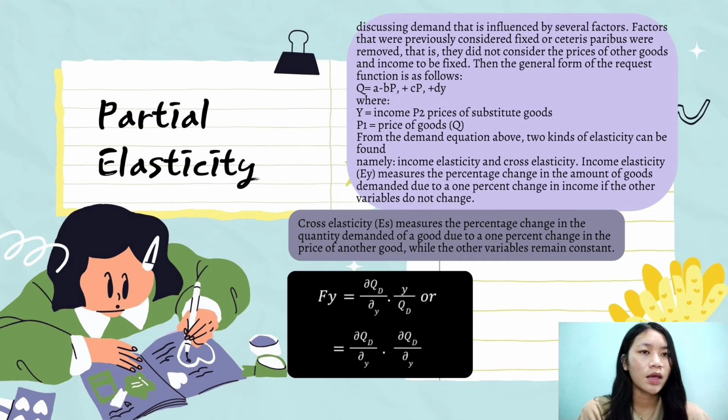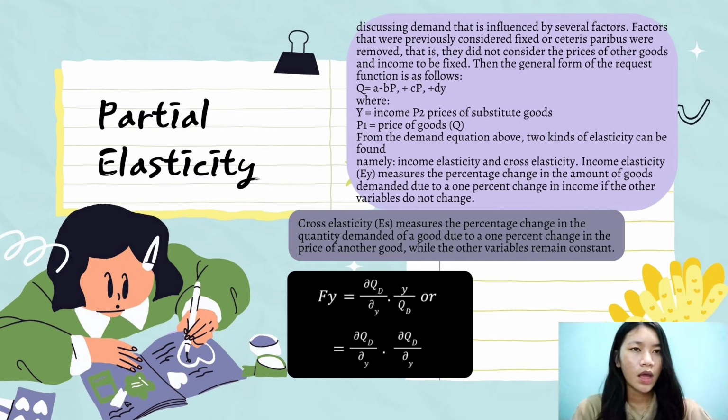Income elasticity measures the percentage change in the amount of good demanded due to a 1% change in income if the other variables do not change.